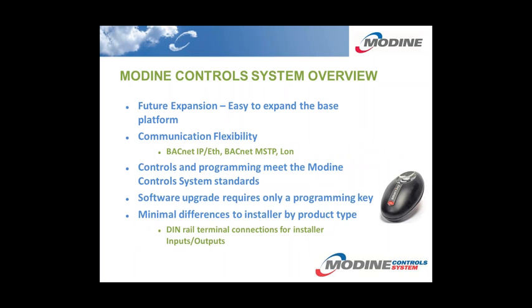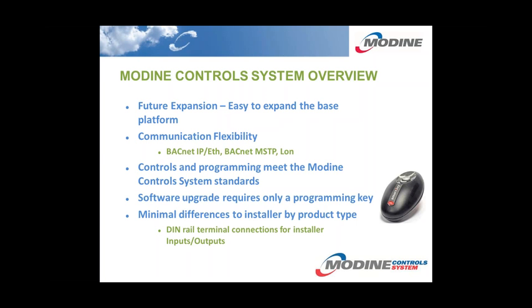Some of the great features of this platform are that it's easy to expand. There is communication flexibility right away with the controller. We have BACnet and LAN capabilities with a communications card.